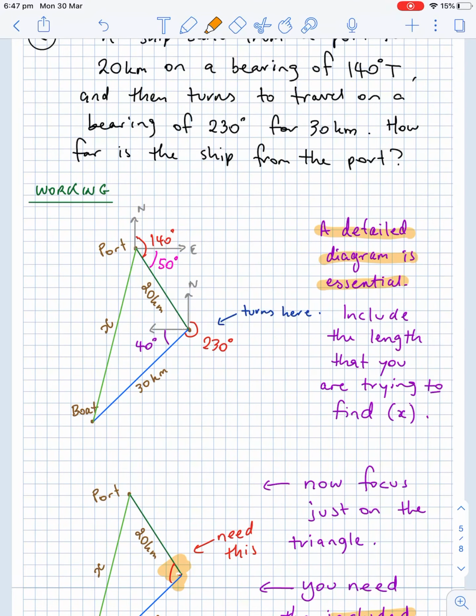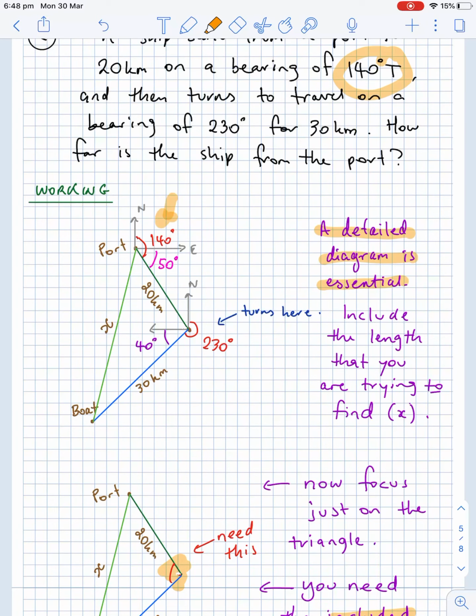I also used this 140 degrees angle, and I showed exactly where it needs to be. So it goes from the northern line all the way to my direction. So that is 140 right there. I also put in my eastern line, and because that whole thing is 140, this part here must be just 50, because 90 plus 50 makes my total of 140.